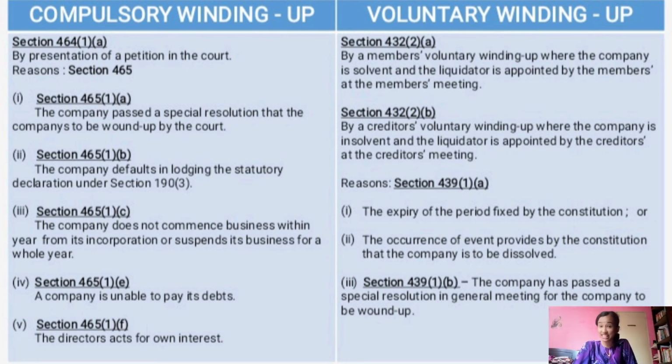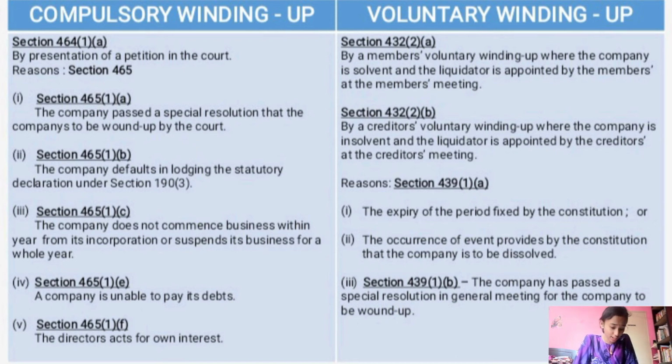Now we shall see the reasons why a compulsory winding up shall be commenced against a particular company. There are various reasons for a company to be wound up by the court, which is a compulsory winding up. The reasons are provided in section 465 of the Companies Act 2016.